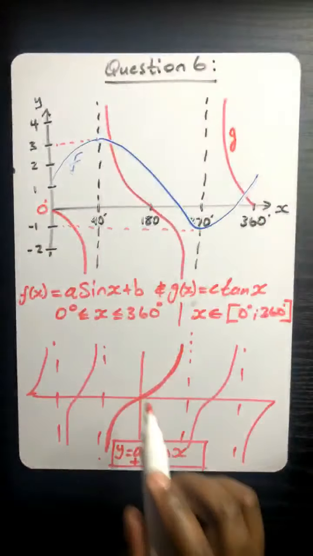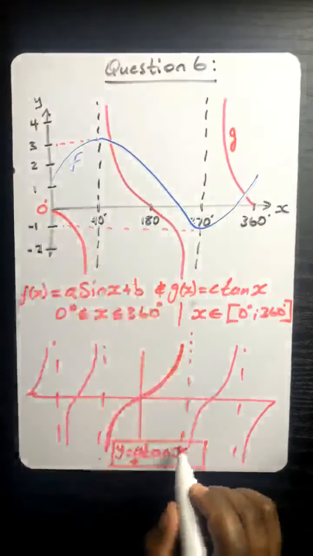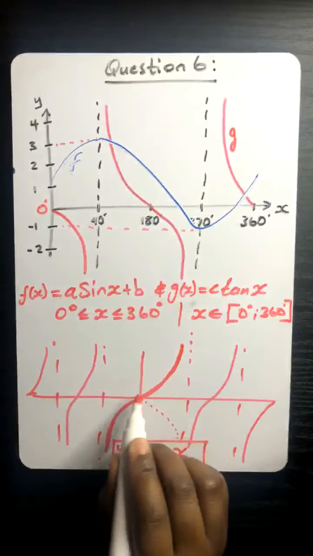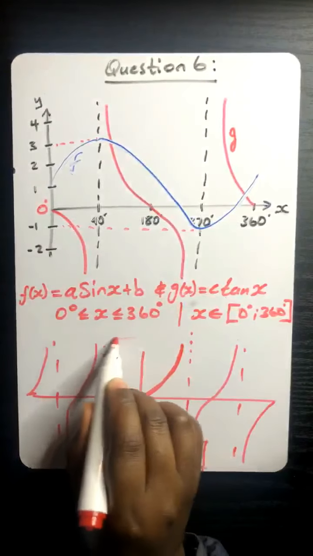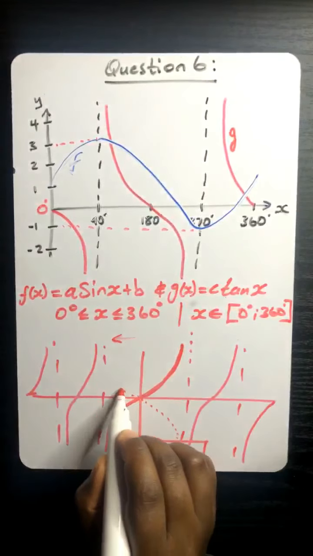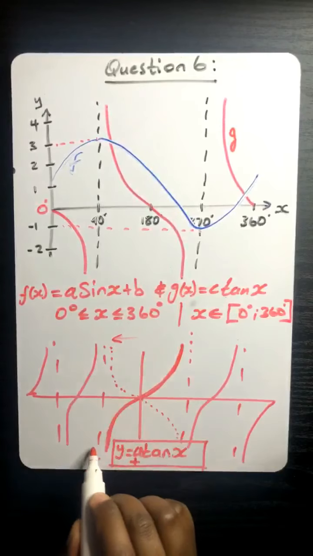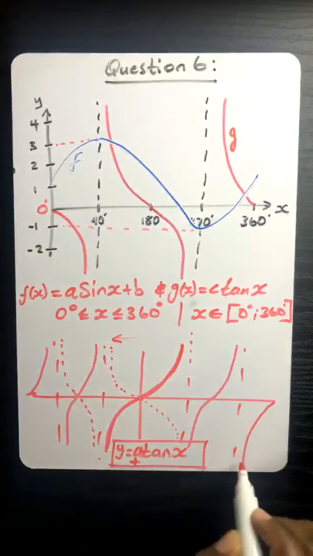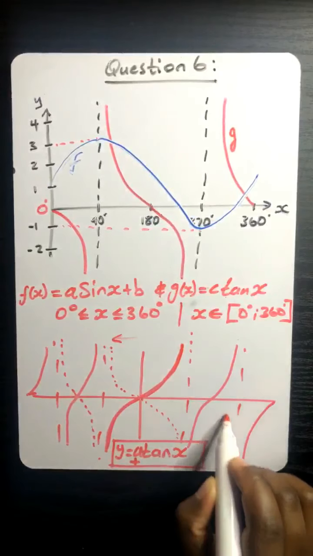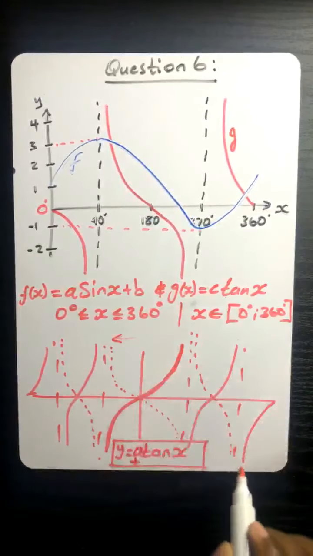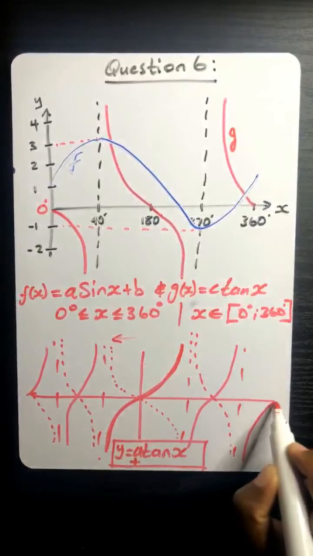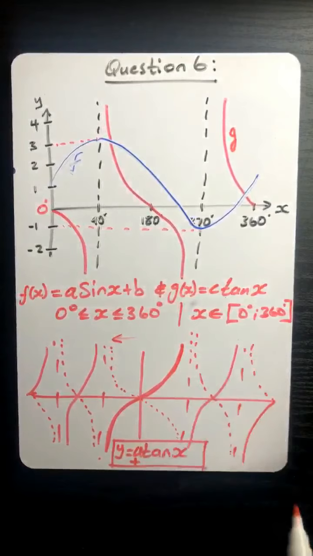The difference with this one is that it starts from this side and then goes in that side, which means if it continued towards the negative sides, it was going to do something similar to that. Also here it does something similar, and there, and here, and here.